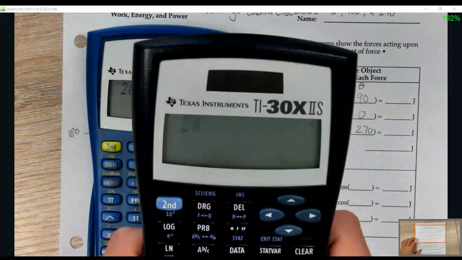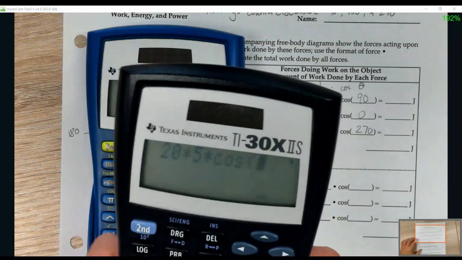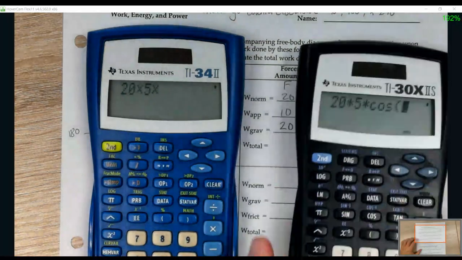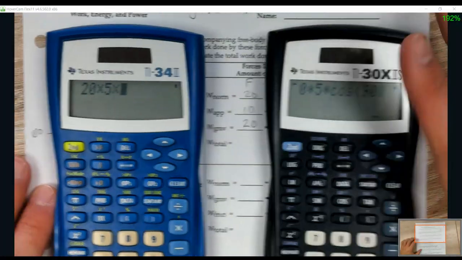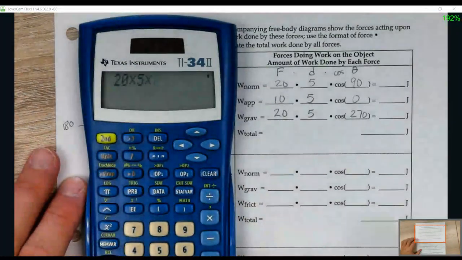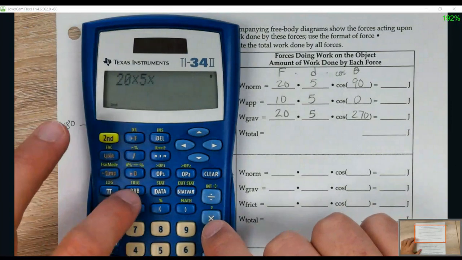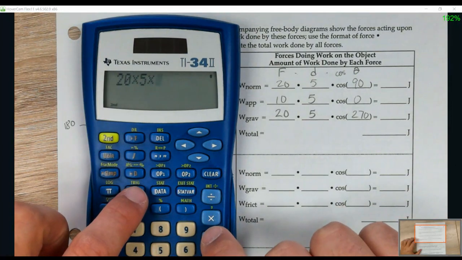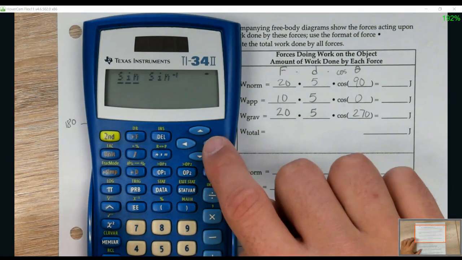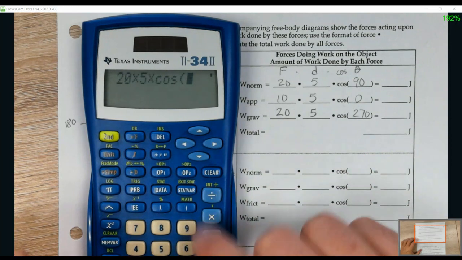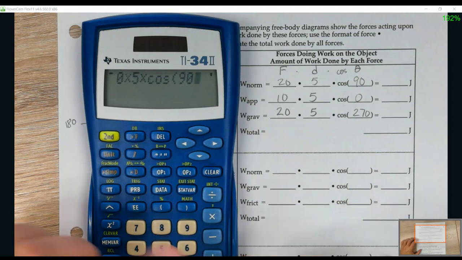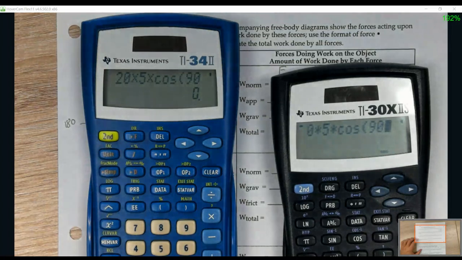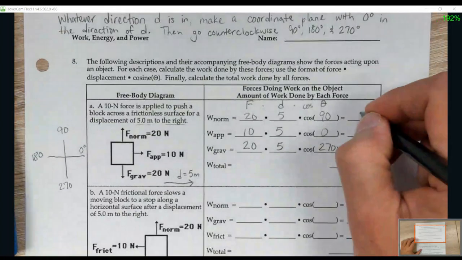So you can do 20 times 5 times cosine. Once you get the angle, you just type in the angle. So the first one would be 90. On this calculator, you have to find the second button where it says trig in yellow, hit that button, scroll over till you hit cosine, type in the angle, 90. Hit equals. Hit 0. All right, sweet.